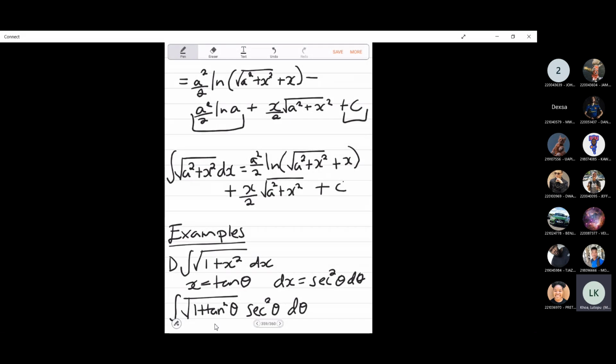So it's different if the square root was not there. If the square root was not there and I just had tan squared theta sec squared theta, then I can just say that's tan to the power of 3 divided by 3. That would be fine, but because of the square root here, you cannot do that.